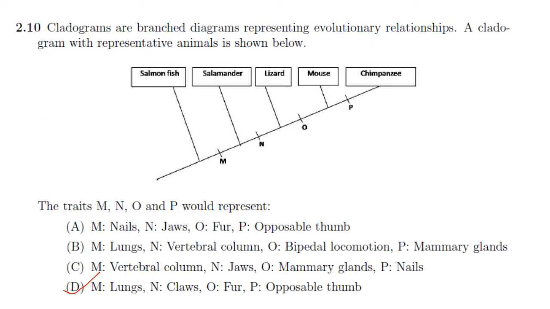Then the next one. Cladograms are branched diagrams representing evolutionary relationships. A cladogram with representative animals is shown below: salmon, salamander, lizard, mouse, chimpanzee. Now M, N and O in a cladogram represent differences between the organisms before and after that point. This means for a particular character, how it was before, and when it evolved, how the character changed.